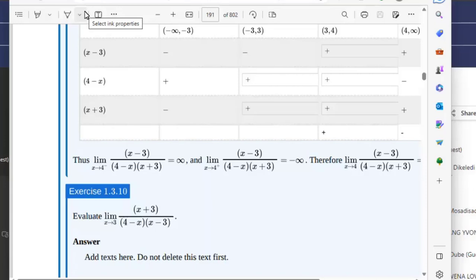Now, when x approaches 3 from the left, I see 3 on the number line. Now I'm going to the left-hand side of 3. Let me choose which number. Let me choose -4.